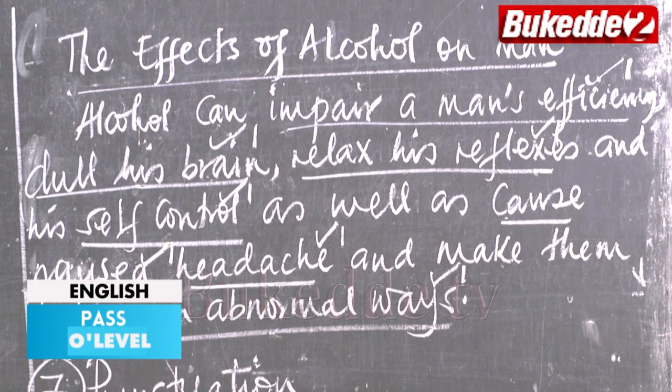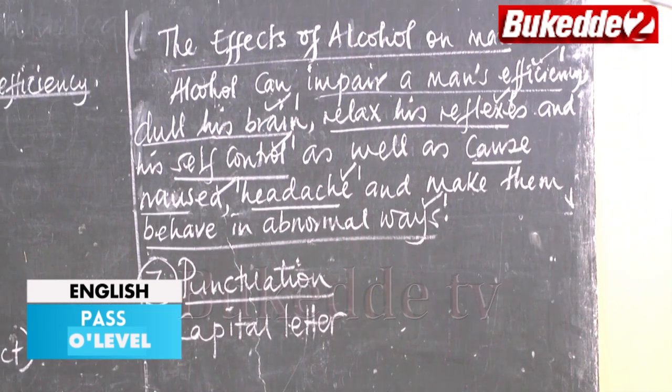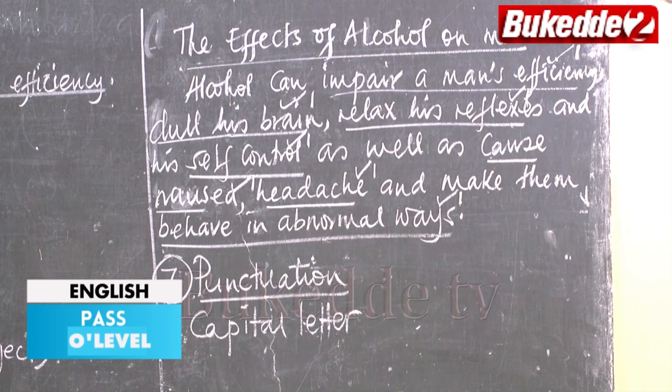In summary writing, we only have 4 punctuation marks that we use. The first punctuation mark that you will use is a capital letter. Every sentence must begin with a capital letter. Okay? Now, should you begin your sentence without a capital letter, that will be penalized.